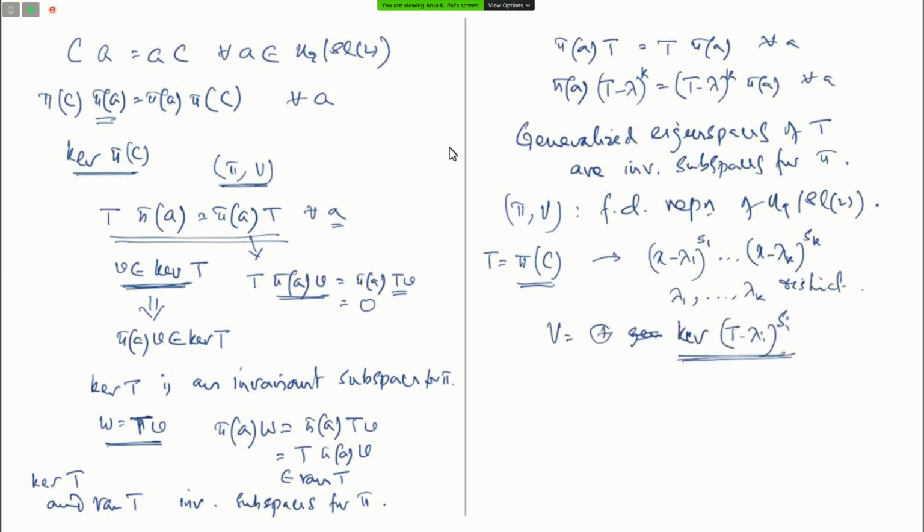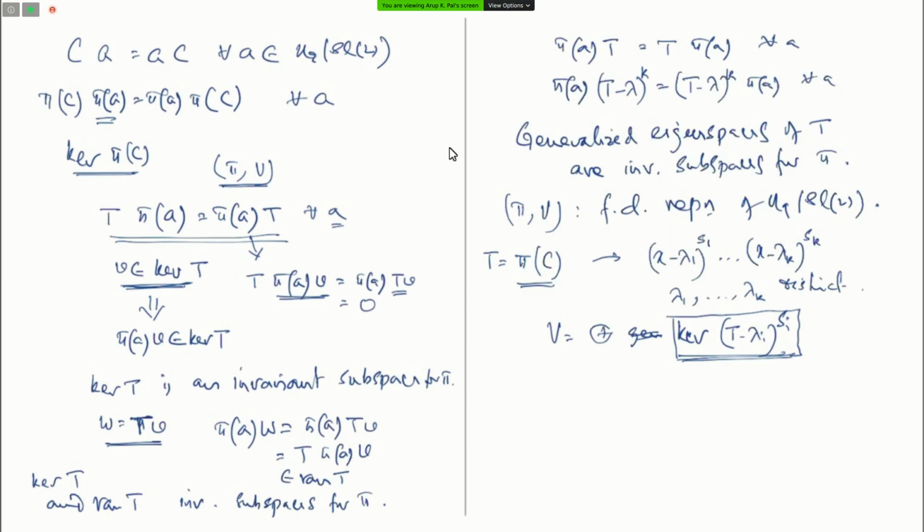So if we just focus attention on one such subspace, and if we can show that it decomposes into a direct sum of irreducibles, then you can do the same for the other summands and conclude that the representation phi would decompose as a direct sum. So that's what we'll do.